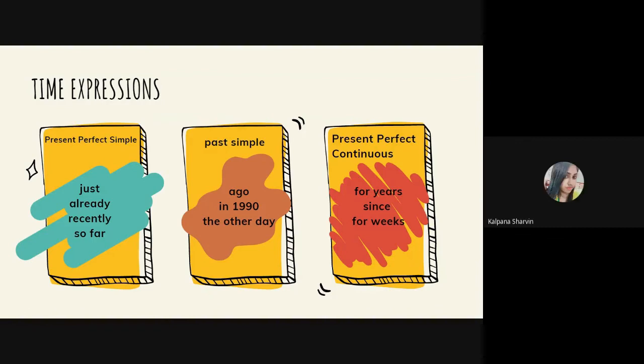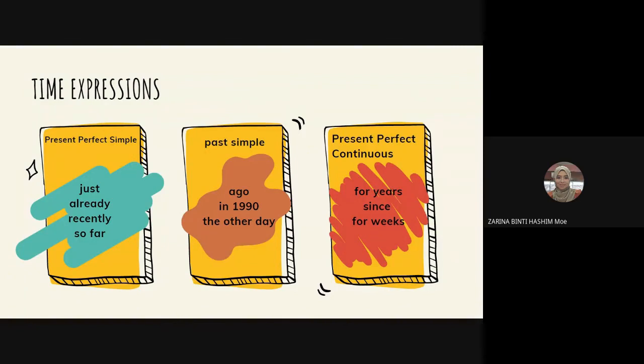So what's the answer? I have recently take. The first three words are correct, but the last word is wrong. Remember, if you use has or have, you must use the past participle. So what is the past participle for take? Take, took, taken.